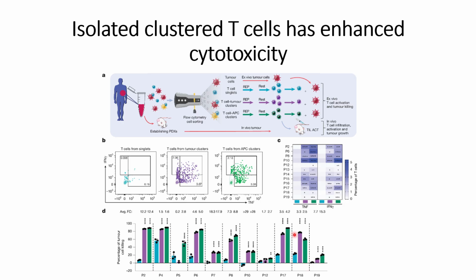So all together this indicates that the gene variations in the clustered T cells that we observed in the results from the previous main figure of the same paper seem to be correct, and the clustered T cells, either from the tumors or from the APCs, have high cytotoxicity, or high anti-tumor efficacy, against the tumors.